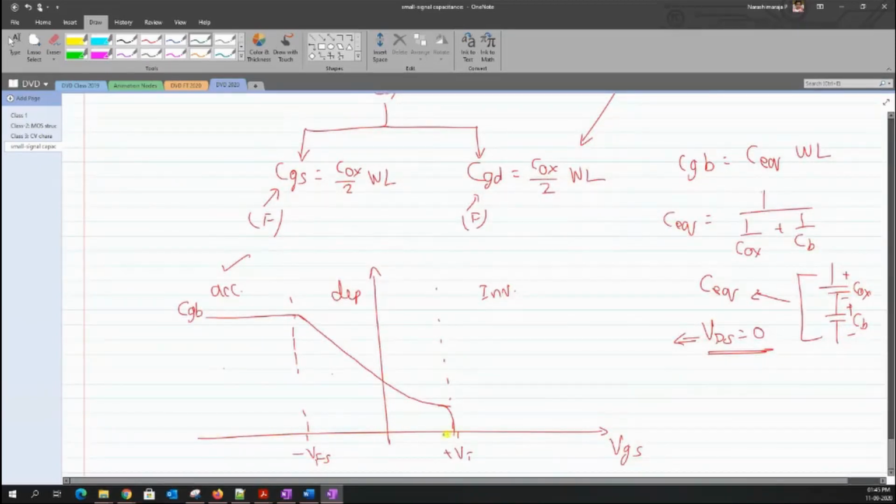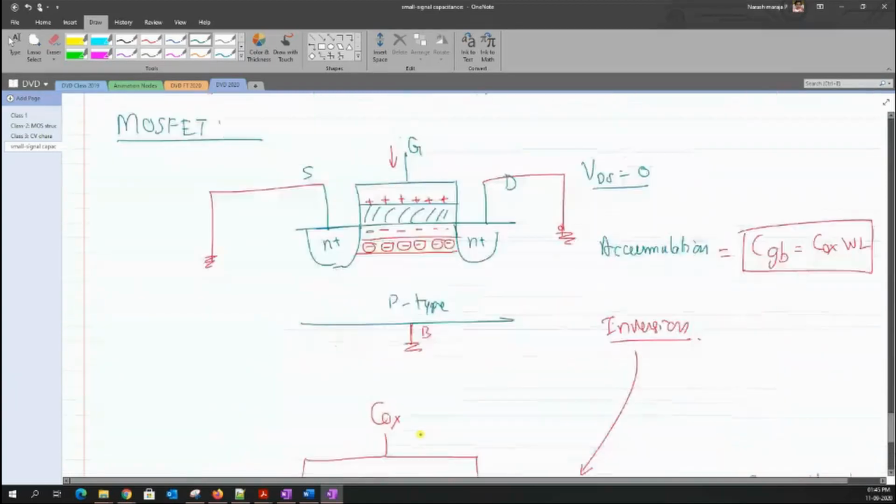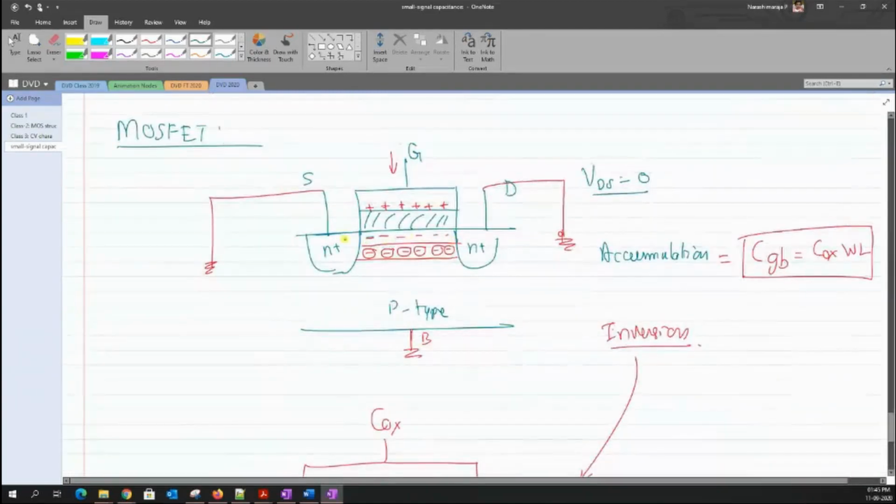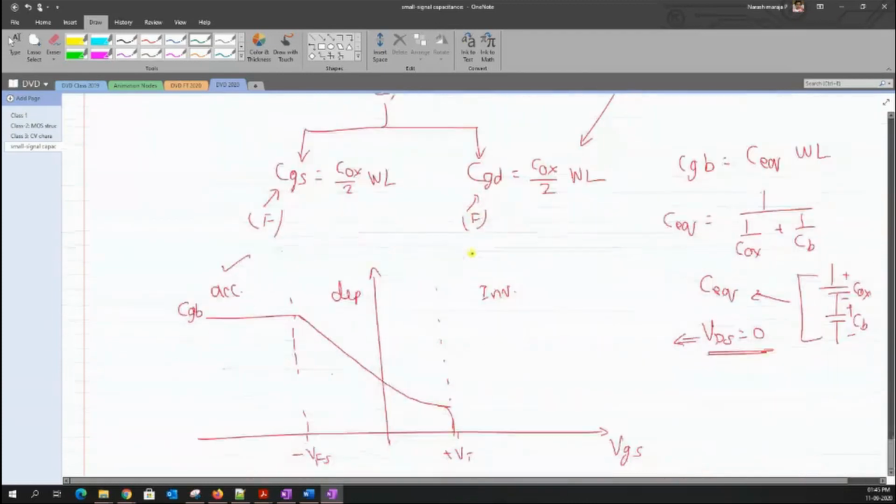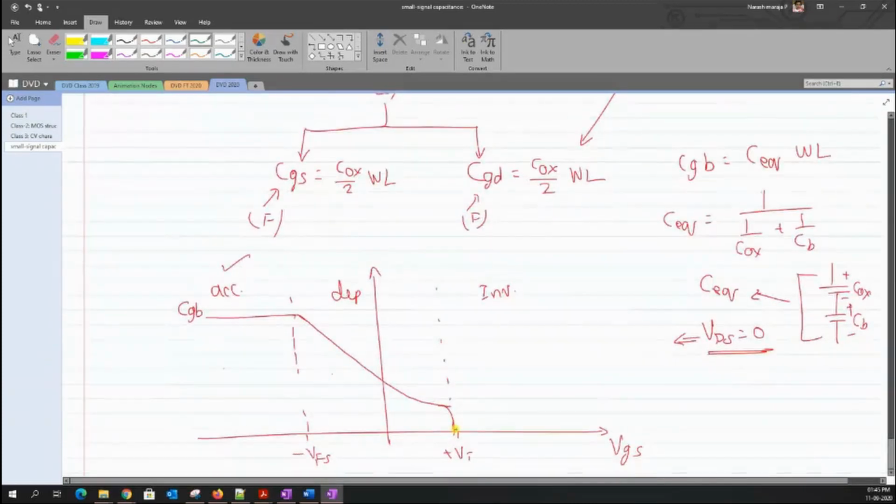But the moment we get the inversion, the channel becomes negatively charged, and these charges can communicate with the source and the drain. These negative free carriers can communicate now, not the ions. Clear? So the capacitances of both CGS and CGD would rise and then shift to a particular value.